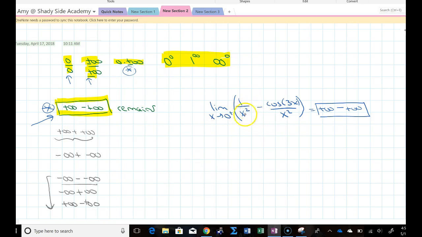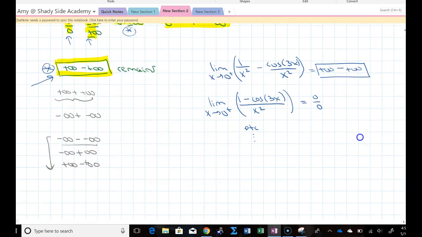In this case, the common denominator is pretty deliberately obvious. And if I take a look at this and I rewrite this as a quotient, okay, as x approaches 0 from the right, this does now approach 0 over 0, which is now a L'Hopital indeterminate form. And you would proceed from there, okay? At that point, I think you know what to do.